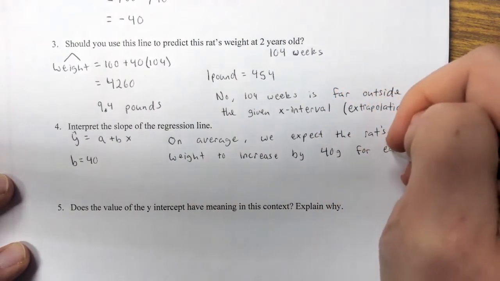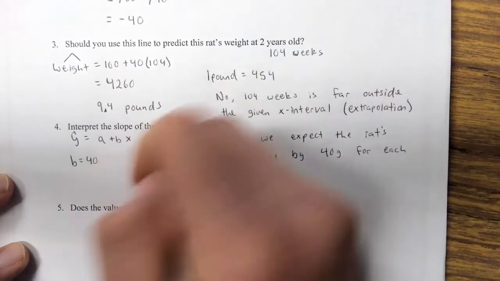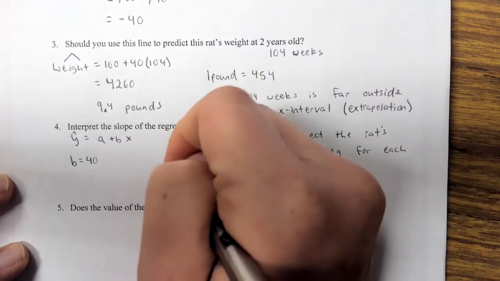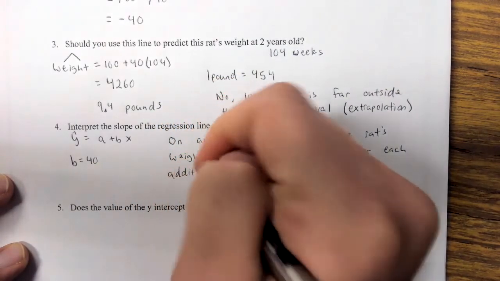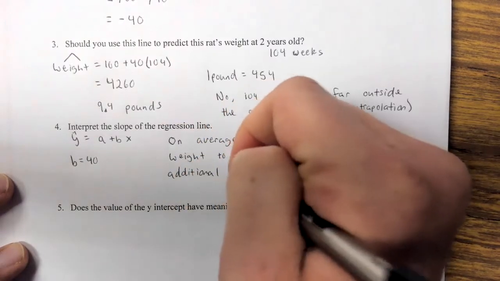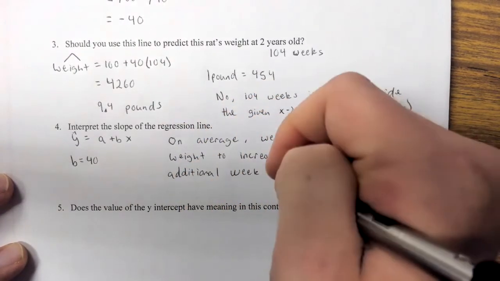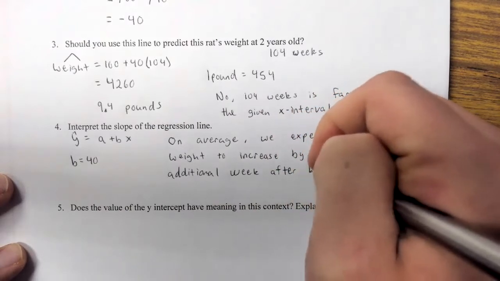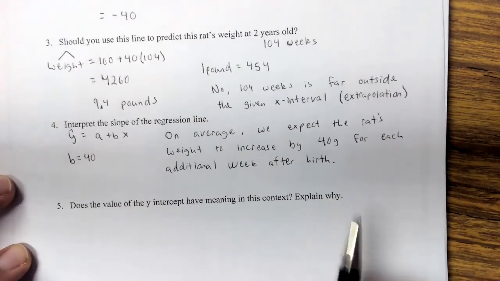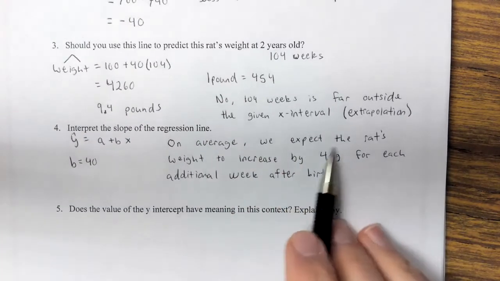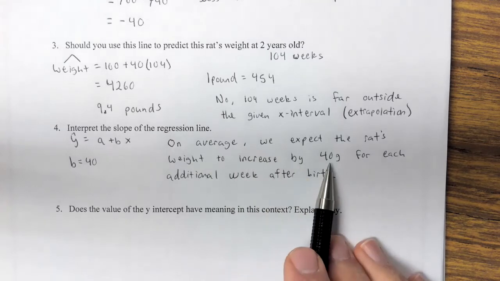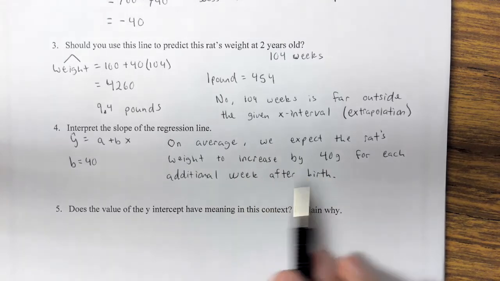for each additional week after birth. So I just wanted to really add context, trying to include everything that this problem was telling us to. So on average, we expect the rat's weight to increase by 40 grams for each additional week after birth.